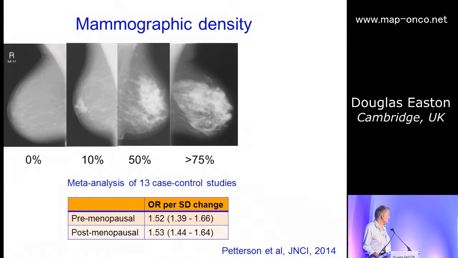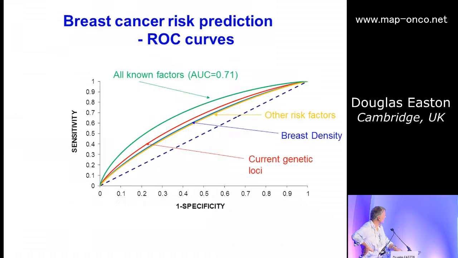So if you estimate what the odds ratio is per unit change in breast density, it's about the same as it is for the SNPs, and these two factors are more or less independent. So one of the aims is to really put this all together and define what's the risk based on combinations of the SNPs, the genes, the other risk factors, and the breast density.